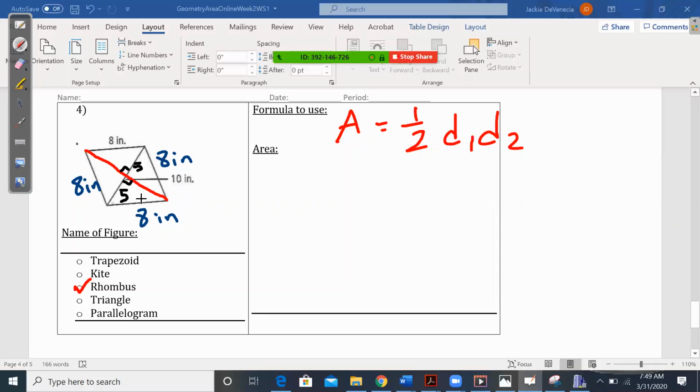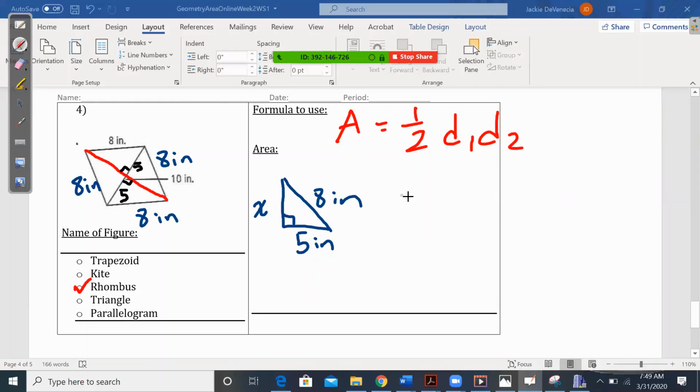All right, so let me just redraw one of these portions of the triangle. So I have a right triangle. My right angle's here. This is 8. Looks like the bottom is 5. And I don't know what this is. That's the part of the diagonal I'm trying to find.